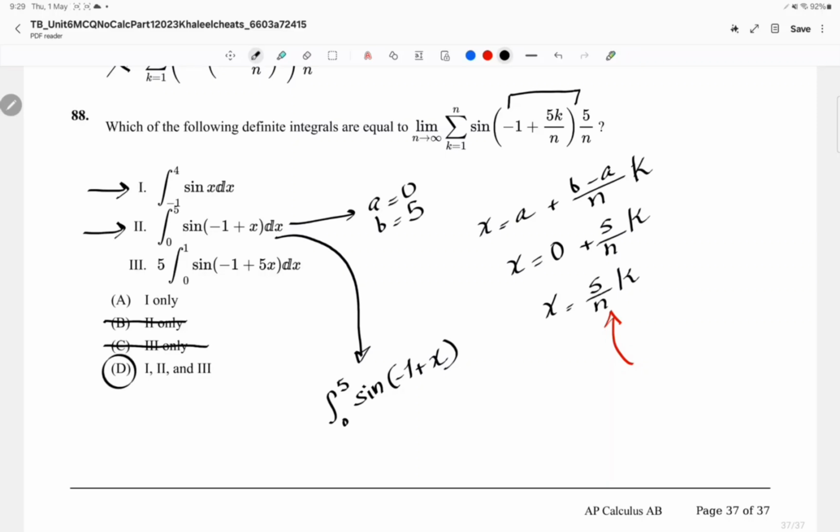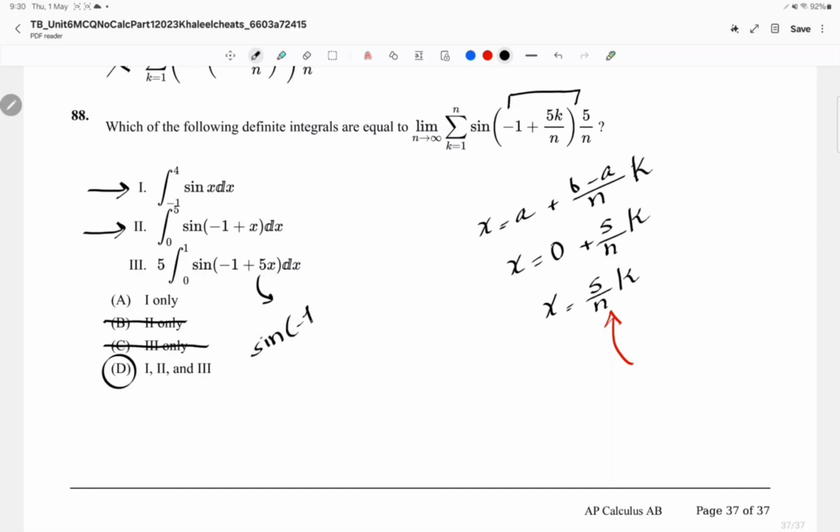But let's explain why triple I is also correct. So here, we would basically say that for this to work, that would be sine of negative 1 plus 5, and x would be just k over n. So how would x be just k over n? Because look, x is equal to a plus b minus a times k.